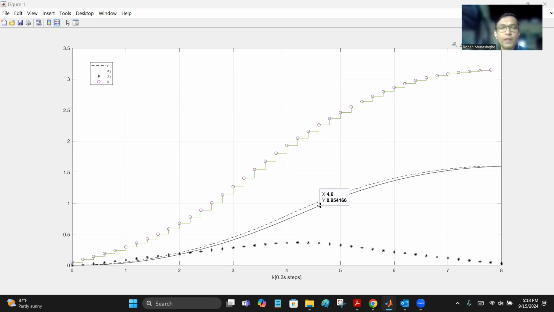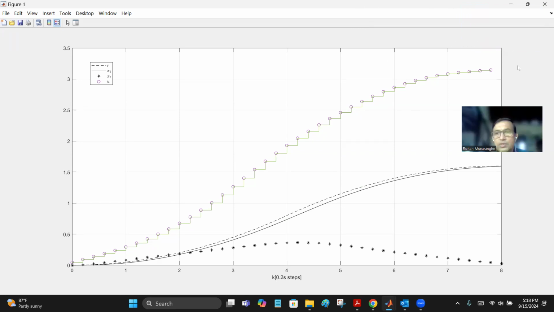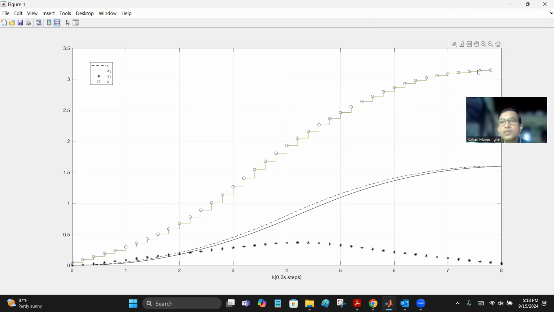Now this is unconstrained. We don't have any constraint for the control signal. So therefore, this control signal starts off nearly 0, but eventually it goes to a very high level, 3 point something, and stays there, because you can't bring the control signal to zero like in other cases earlier when we were dealing with regulators.